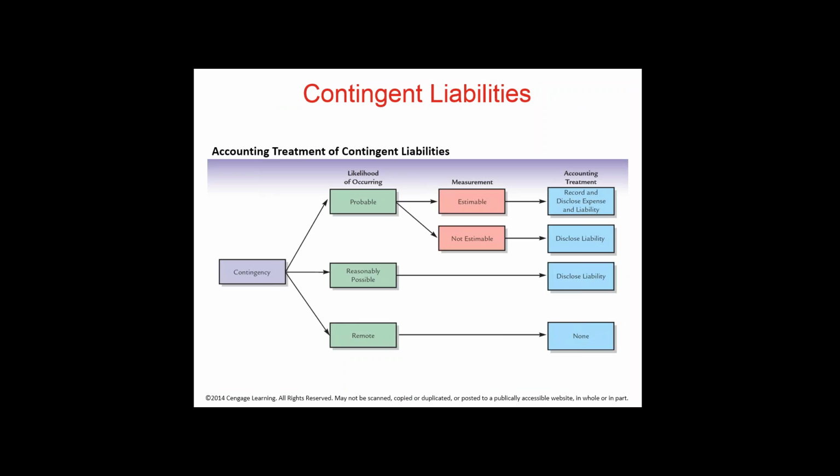Okay, contingent liabilities. What the heck is a contingent liability? Well, something possibly could happen in the future. Somebody comes into my business and trips and falls. There is a possibility that they're going to sue me.